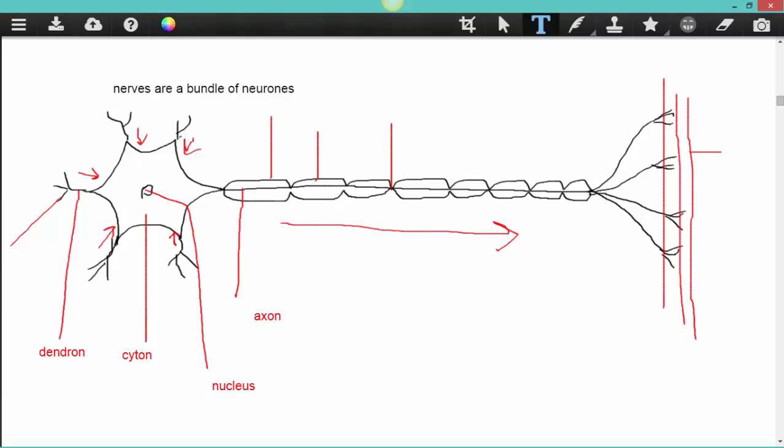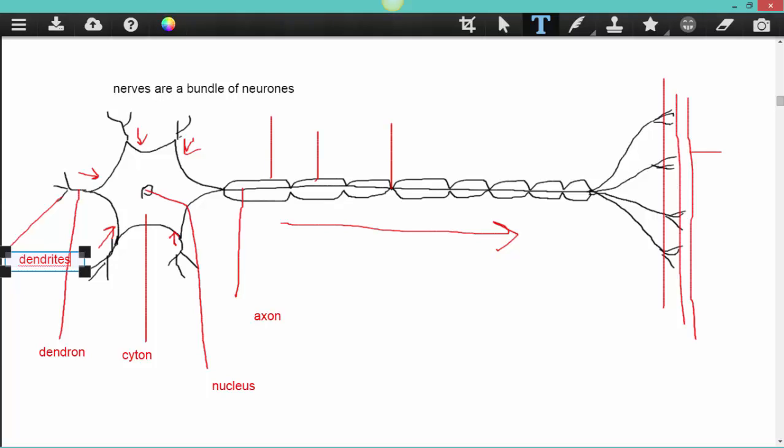And the dendron branches into dendrites, which receive impulses from other neurons or receptor.